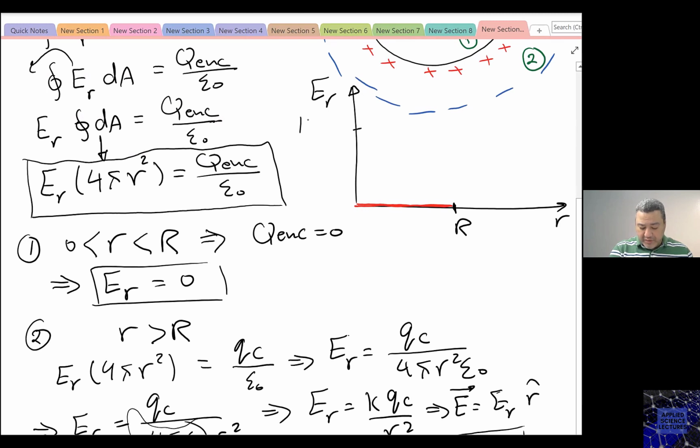So I put it as K Q_C over R squared, which is the maximum of the electric field, and then it decays until it reaches 0 at infinity. So this is the electric field for the first case, which is a solid spherical conductor.